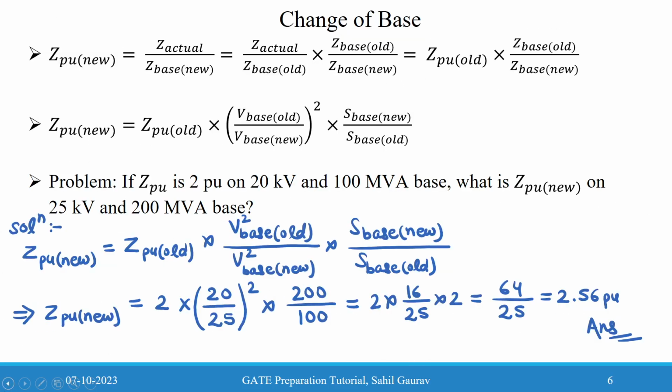Now we are going to see a new thing in the per unit system, that is how you can calculate the Z per unit new from the older per unit quantity with the given base values for the older quantity and the newer quantity also.